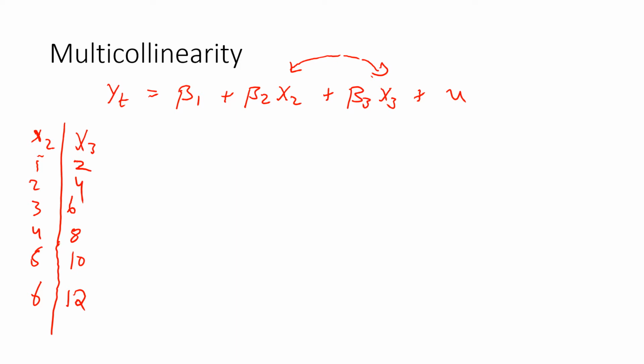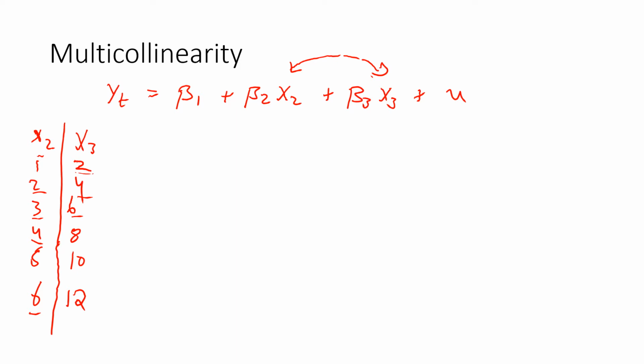So we can find all the values of x3 as a linear relationship of x2. If x2 is 1, 1 multiplied by 2 is equal to 2, and that is x3. 2 multiplied by 2 is equal to 4, 3 multiplied by 2 is equal to 6, 4 multiplied by 2 is equal to 8, and so on up to the last, 6 multiplied by 2 is equal to 12.